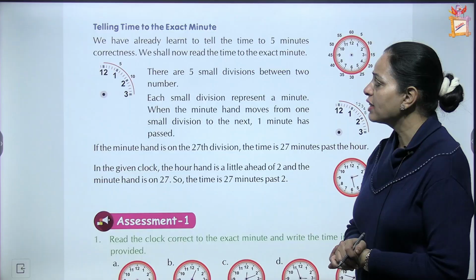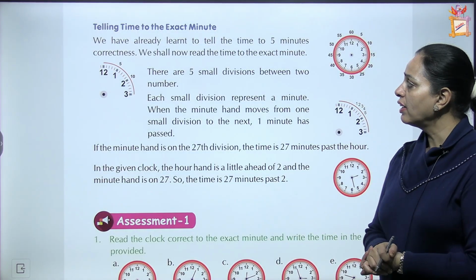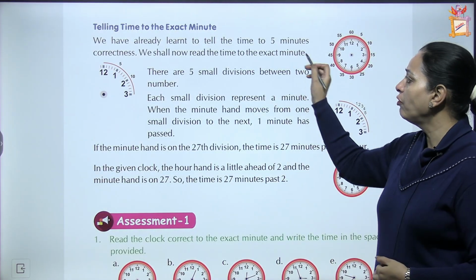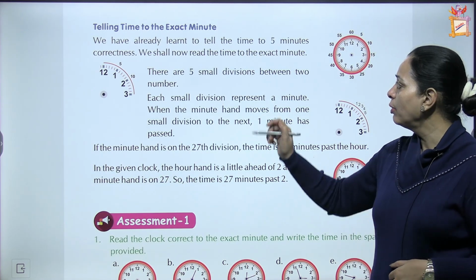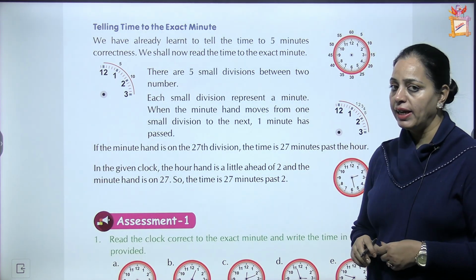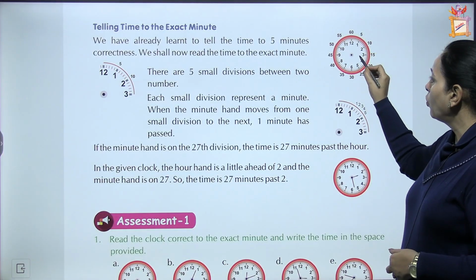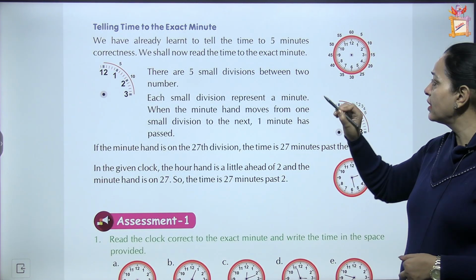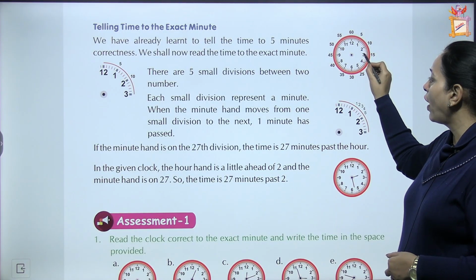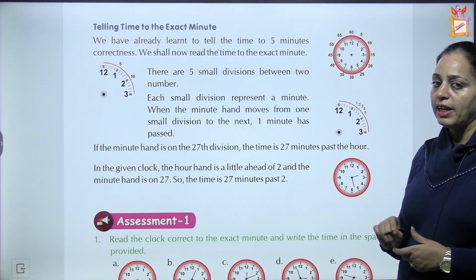Telling time to the exact minute. We have already learned to tell the time to 5 minutes correctness. We shall now read the time to the exact minute. See here, we know if the minute hand is moving from 12 to 1, 5 minutes. Then next 1 to 2, 5 minutes. Total is 10 minutes.